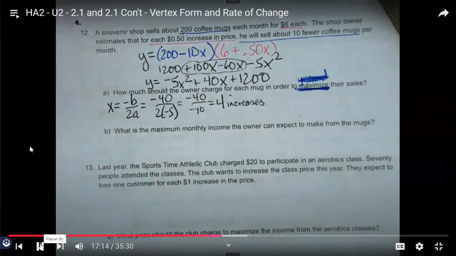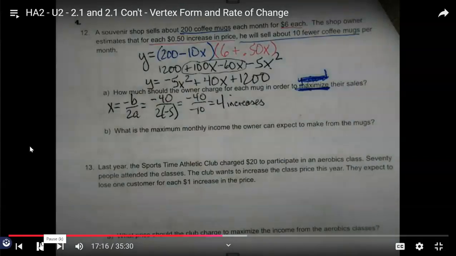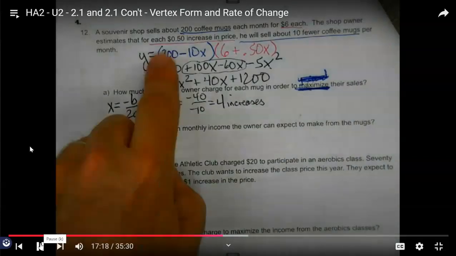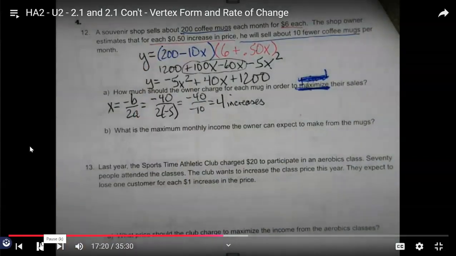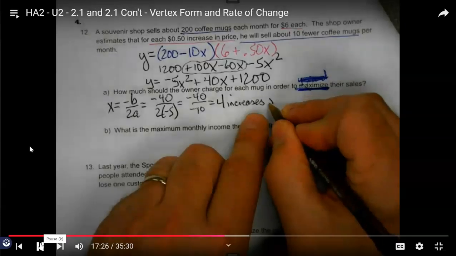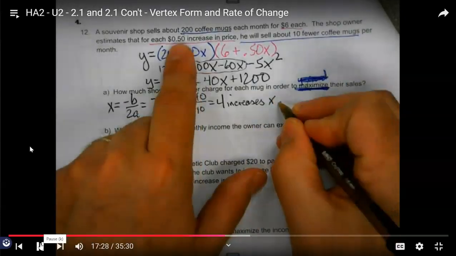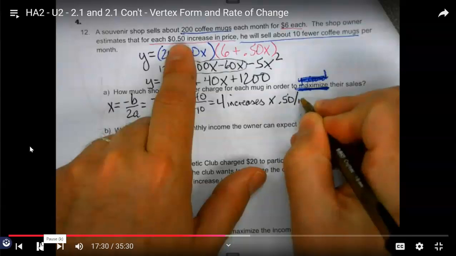Okay, the X isn't telling me how much to increase the price. It's telling me how many increases should I make to my price. So I should make 4 times how much each increase is.